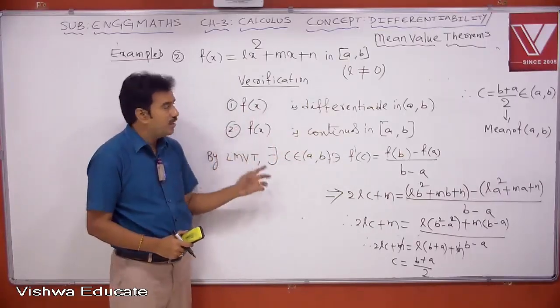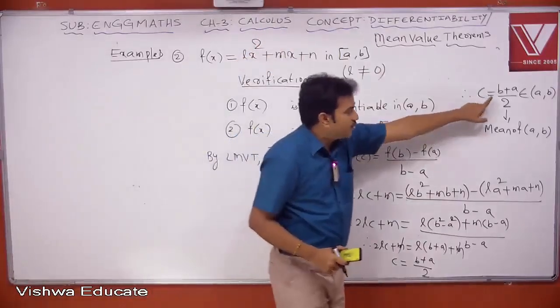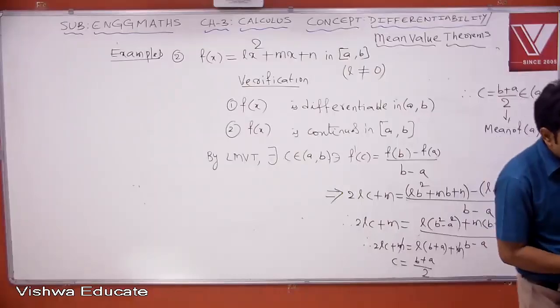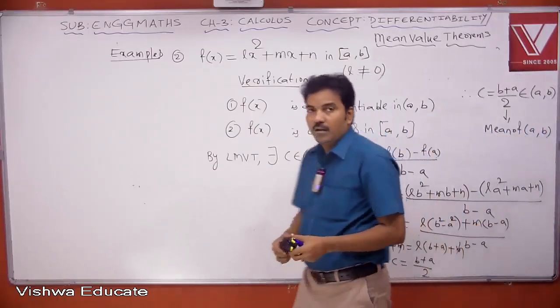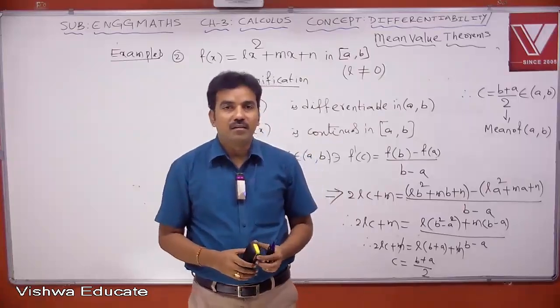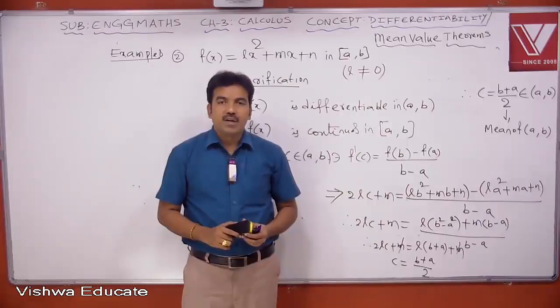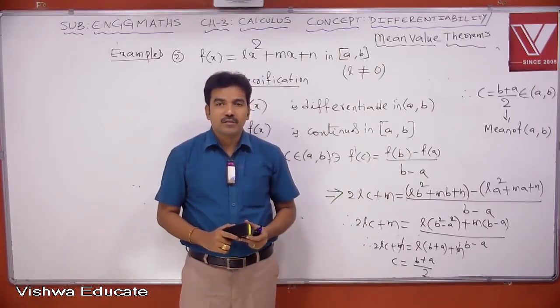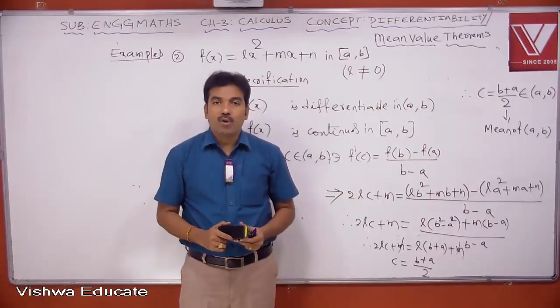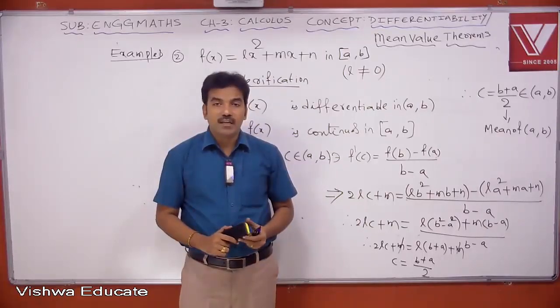Let us handle that in example 3. So you can note down this as a general second degree polynomial expression. So C value is the midpoint. Note the value of C of Lagrange's mean value theorem for all second degree polynomials is always the midpoint of the interval.